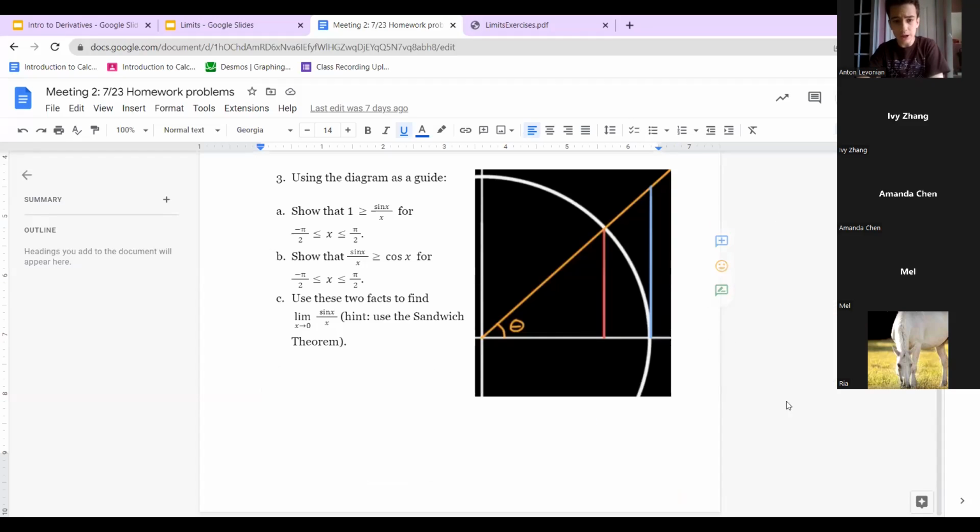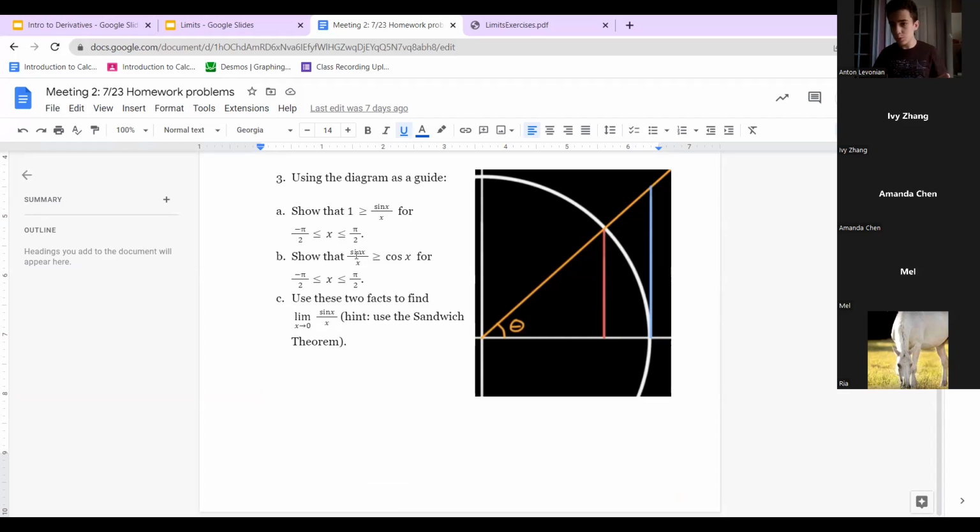We have this diagram here, and we want to show, firstly, that 1 is bigger than or equal to sine of x over x. Then we also want to show that sine of x over x is bigger than or equal to cosine of x. And then we want to use those two facts to find the limit as x approaches 0 of sine of x over x.